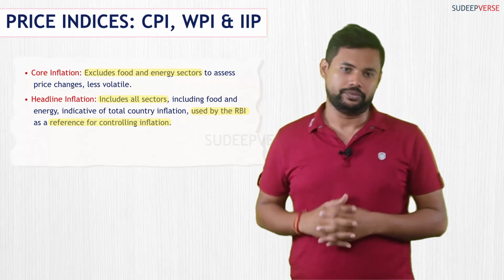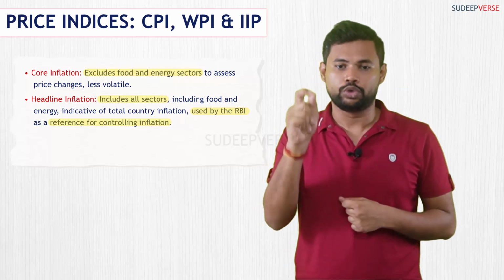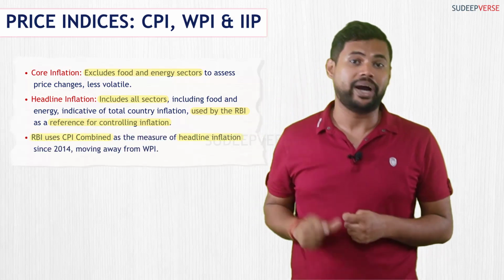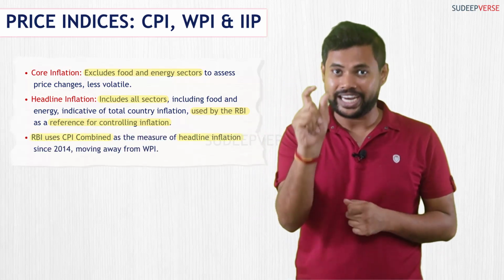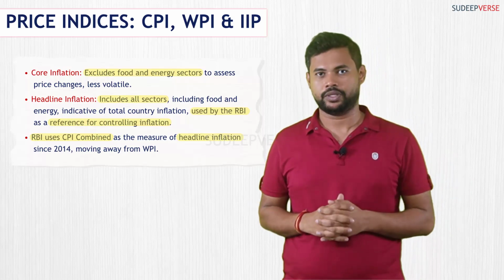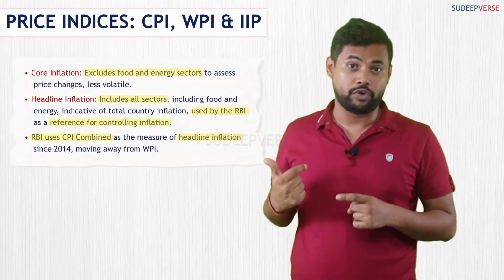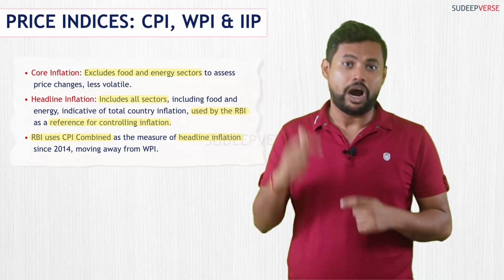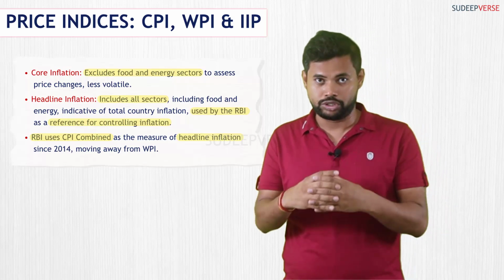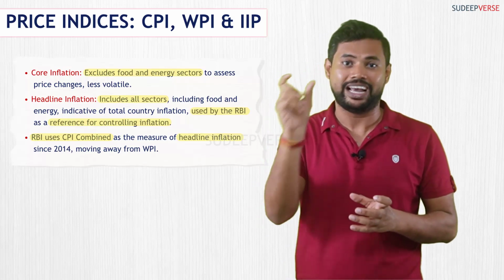And from 2014, RBI uses CPI combined as an indicative measure of headline inflation to control inflation in India. Before 2014 it was using WPI, but after 2014 the Monetary Policy Committee uses CPI combined as the indicative measure of headline inflation.